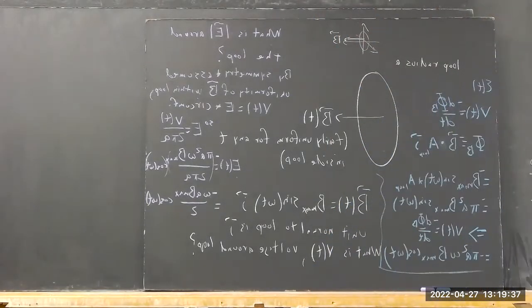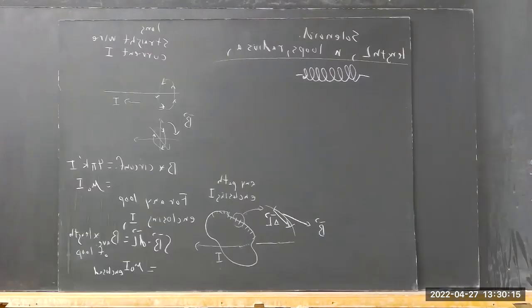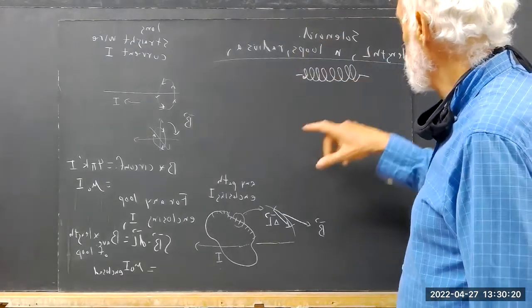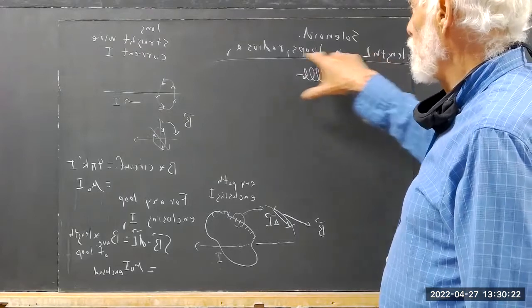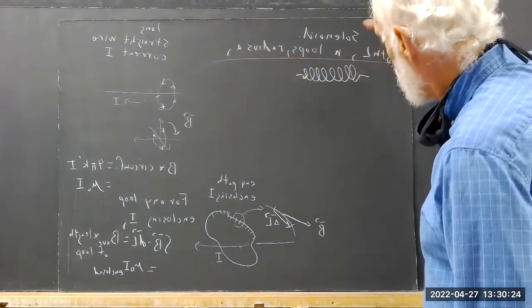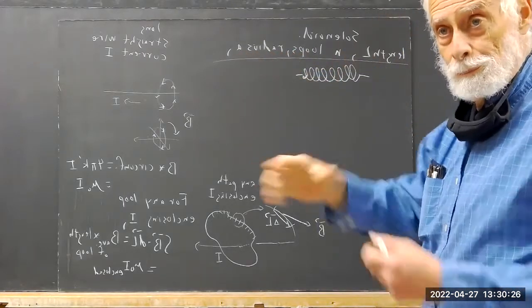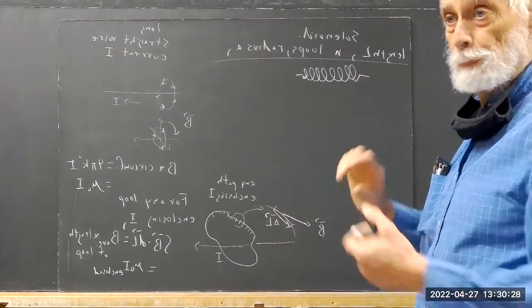Another thing, we want to talk about solenoids. Now we want to talk about a solenoid that has a length L with N loops, radius A. It's kind of like this. It's just a bunch of coils that are spread out over some distance.